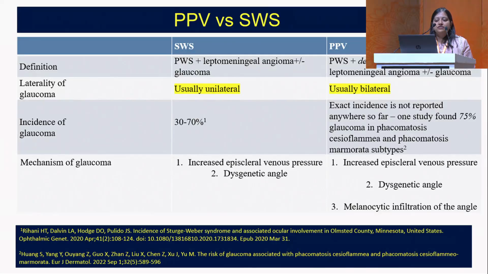So the basic difference is, though both are phacomatoses associated with port-wine stain, leptomeningeal angioma with or without glaucoma, Sturge-Weber syndrome is usually unilateral, whereas phacomatosis pigmentovascularis is usually associated with dermal melanosis additionally, and it is often bilateral. The incidence of glaucoma is 30 to 70% in Sturge-Weber, whereas it has not been studied so far, and only one study suggests that it is 75% in PPV.